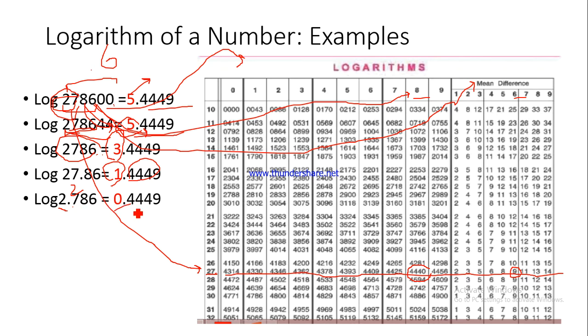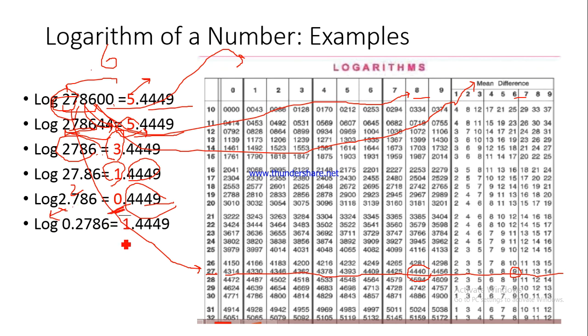The answer still would be 0.4449. So basically there's no difference in the mantissa, because we were always looking at 8 of 27 and 6 of 27. The difference is in the characteristic, and the characteristic depends on the number of digits before the decimal, right?